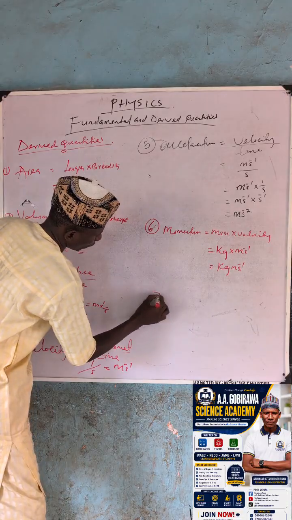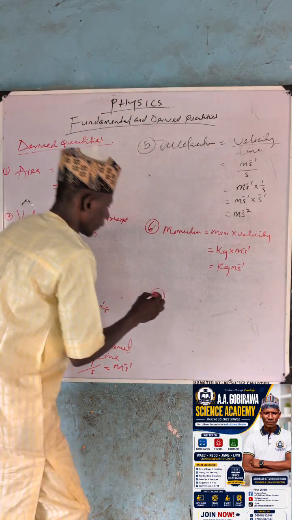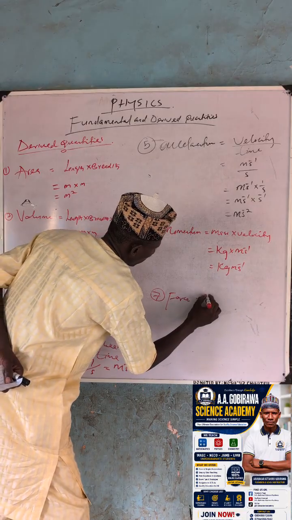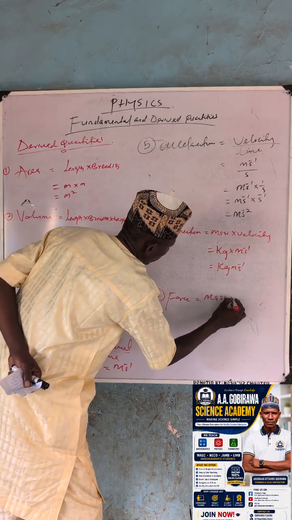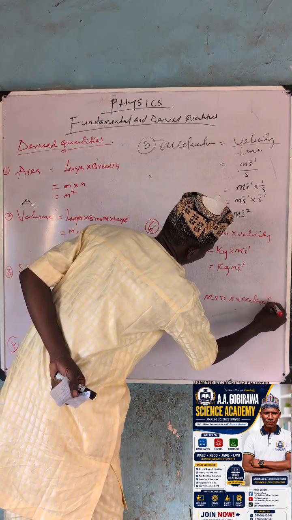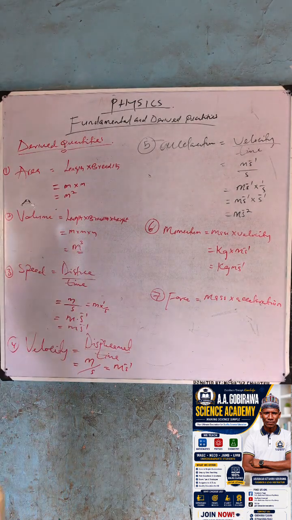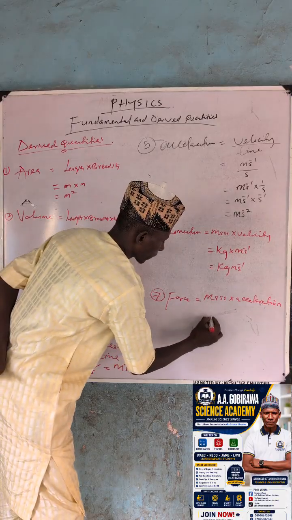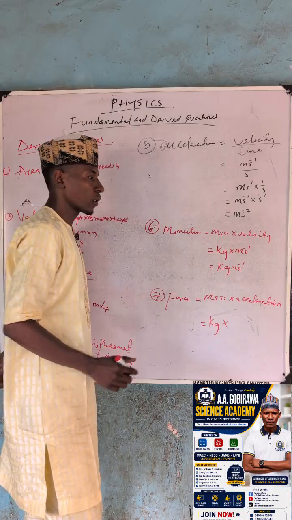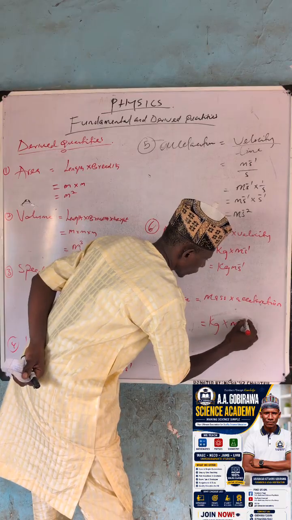Then number 7, we have force. Force is the product of mass times acceleration. Mass is kilogram, multiplied by acceleration, which is meter per second square.